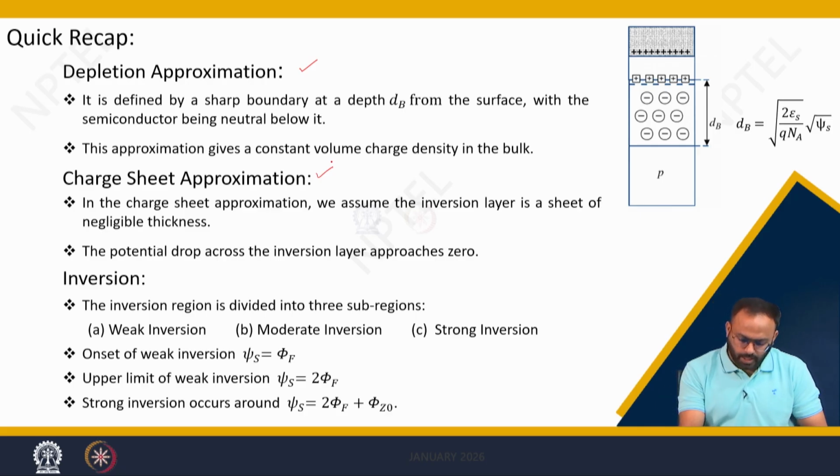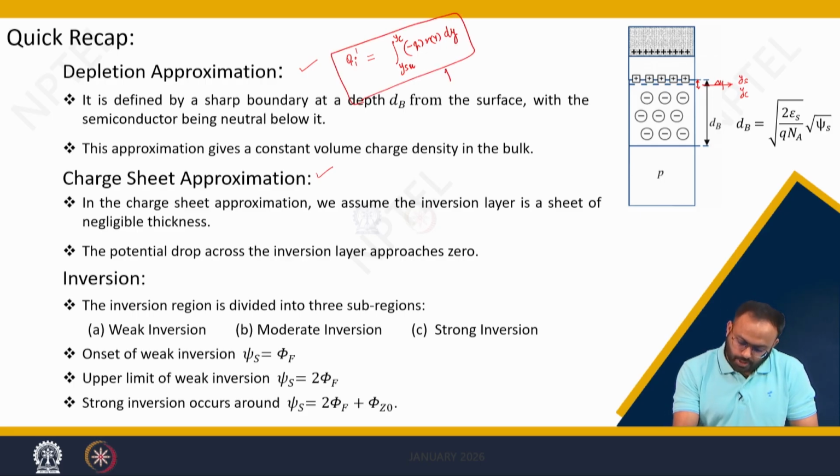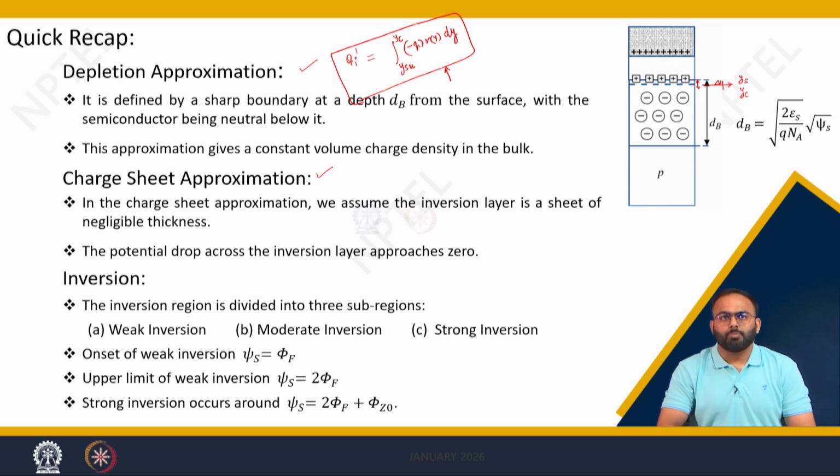Instead of calculating the inversion charge by numerical integration, considering the thickness of the inversion layer varies from y surface to yc with a delta y thickness, where the overall charge is the integral from y surface to yc of minus q times n(y) dy, we concluded that another approach to calculate QB dash is much simpler.